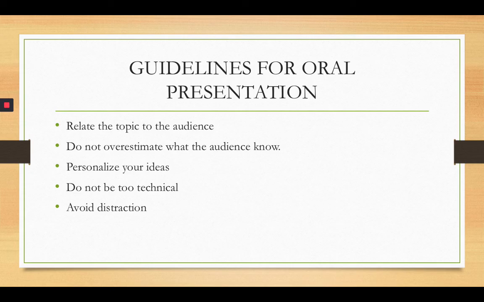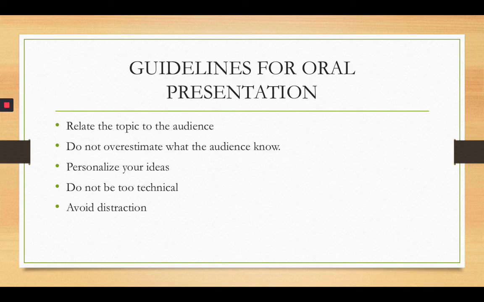The next point is do not be too technical. That's very important. If you are doing a serious topic, you have to make sure that you are able to explain it in a simple manner. So give more metaphors, give more examples to make sure that people understand them, and explain the meaning of the terms used in the presentation.